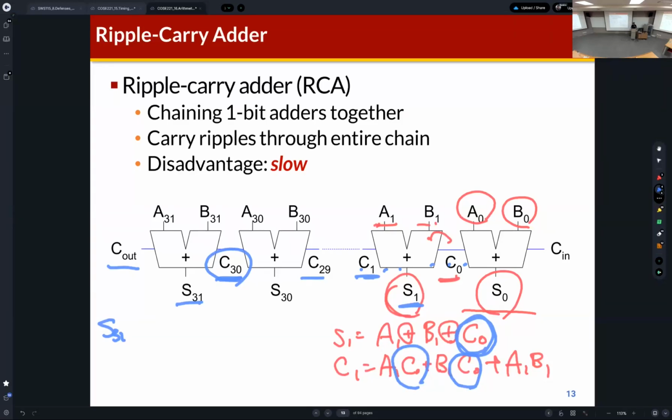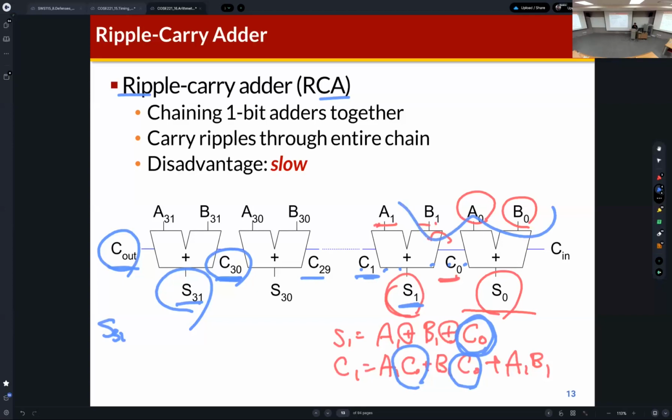So in order to generate the MSB S31 or Cout, the carry needs to be propagated from Cin to C30. This is the critical path, the longest delay of the ripple carry adder. That means it can be very, very slow, right?